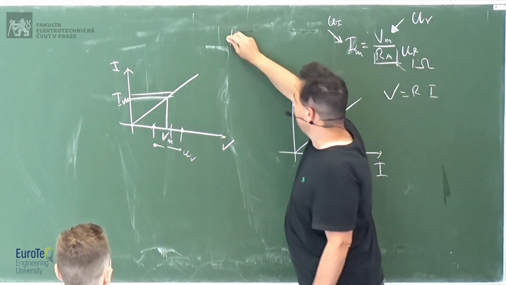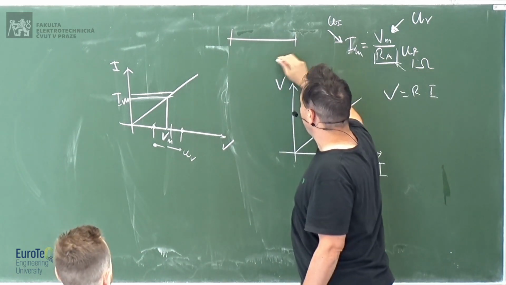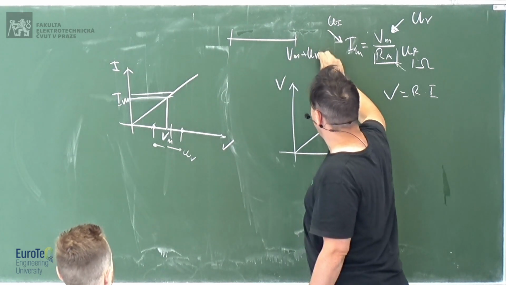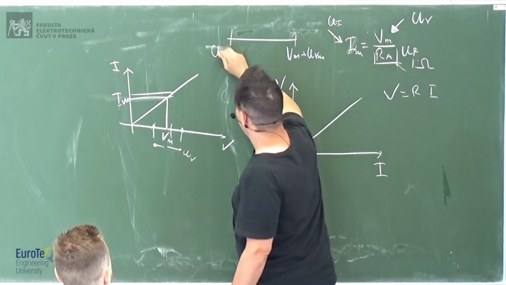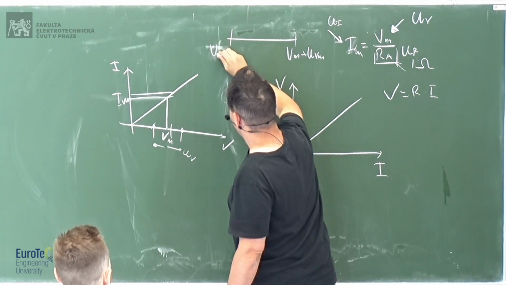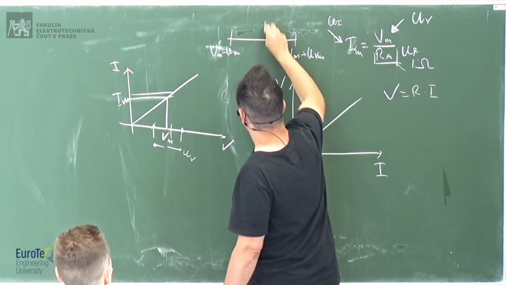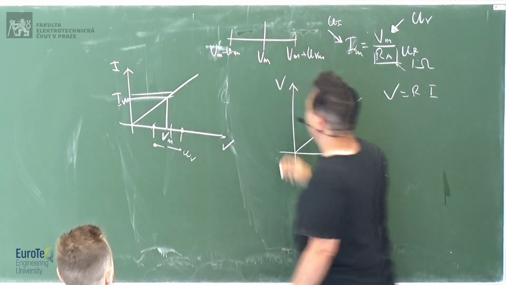So you have the virtual real point. Here you have Vm plus the uncertainty of Vm, and then you have minus. And this is Vm minus the uncertainty of Vm. And this is Vm.